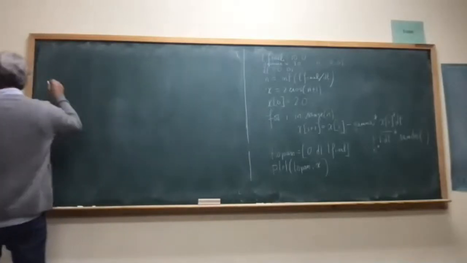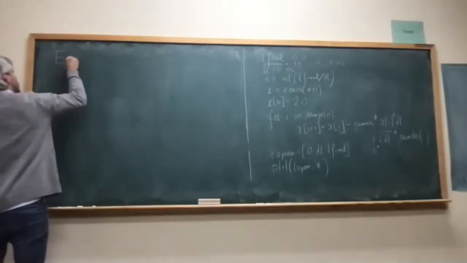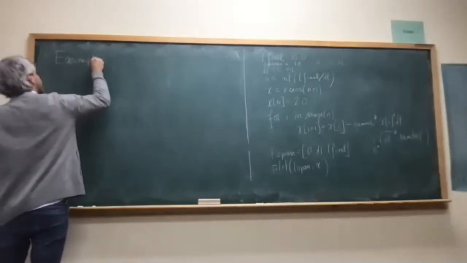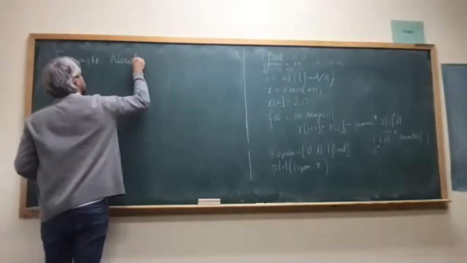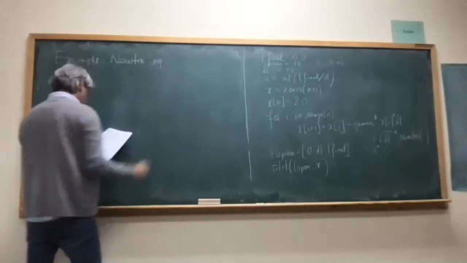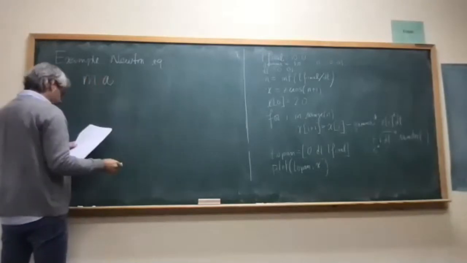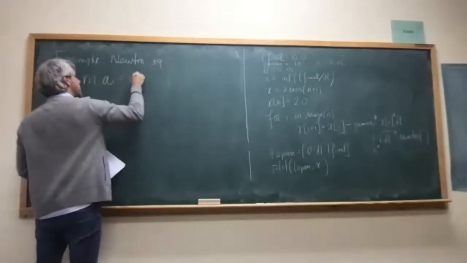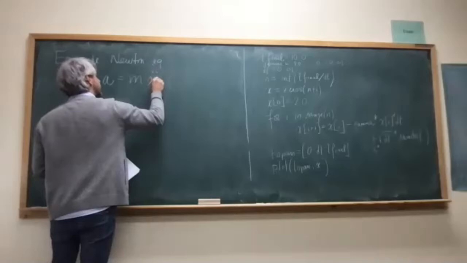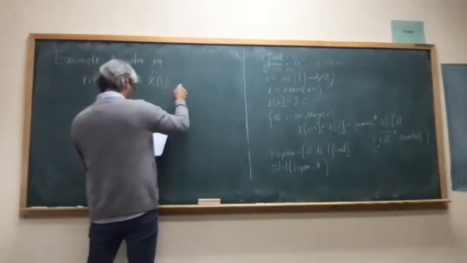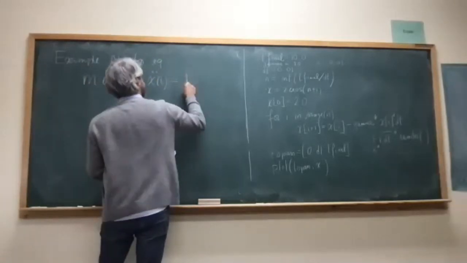So here's another example with Newton's equation. Newton's equation, as you know, is mass times acceleration, so this is now mass times the second derivative of the state will be some kind of force.